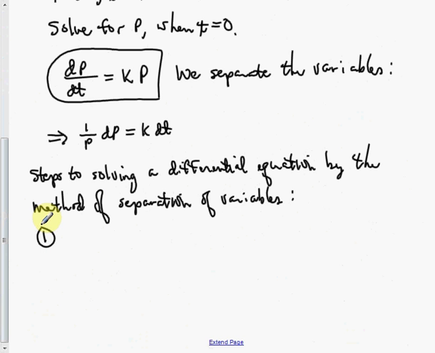So one, we associate terms with their associated differential. That is, we get like terms together.